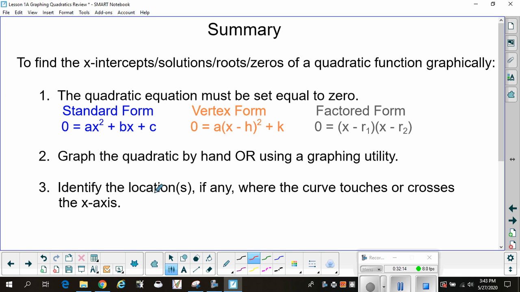Then identify the location or locations, if any, where the curve touches or crosses the x-axis. Where it touches or crosses the x-axis are the roots, the zeros, the solutions. When we get into the applications, we will talk about why the solutions are so important. That's it for now.